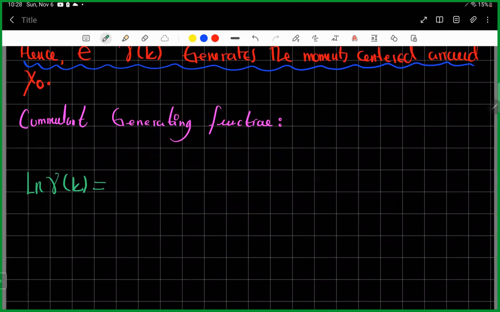And this is the sum from n equals 1 to plus infinity of minus I k to the power of n divided by n factorial, times the n-th order cumulant of x.